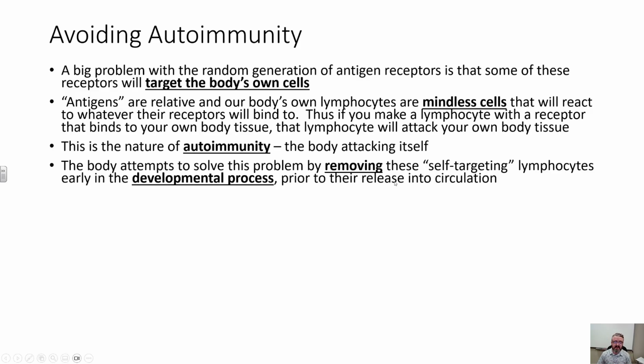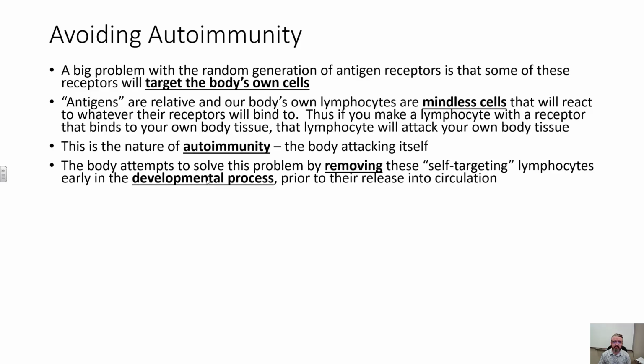But the idea is that as we build these receptors, we essentially remove any of them that target our own body tissues. So what you effectively do is build the receptors in a random way and then test them out. You test them to see early on, are they going to respond to your own body tissue? And if they do, then the body has a way of removing them before it releases them into the broader circulation of your body.